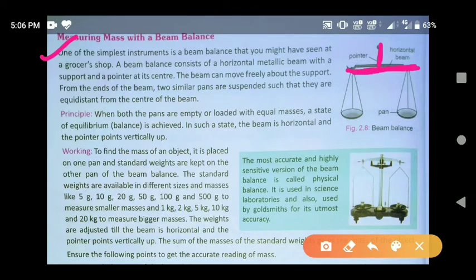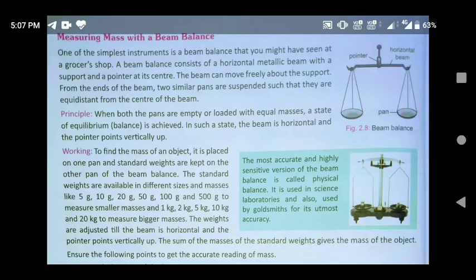The beam can move freely about the support. From the ends of the beam, two similar pans are supported such that they are equidistant from the center. Equidistant means the same distance from the center.